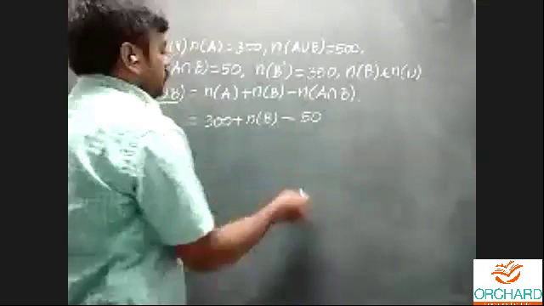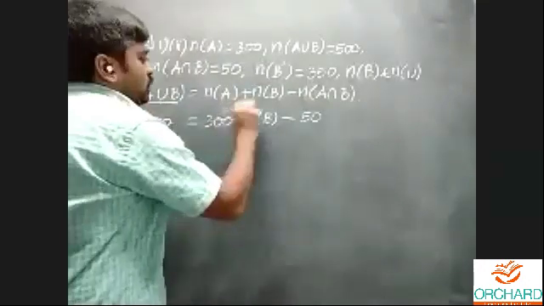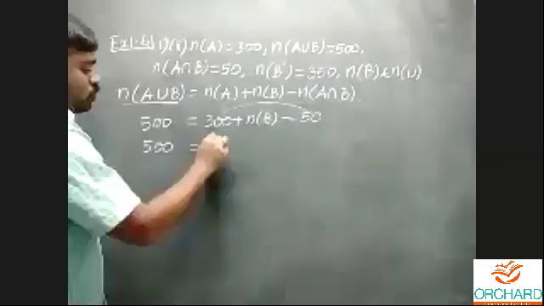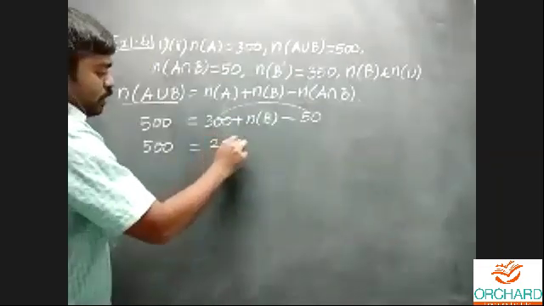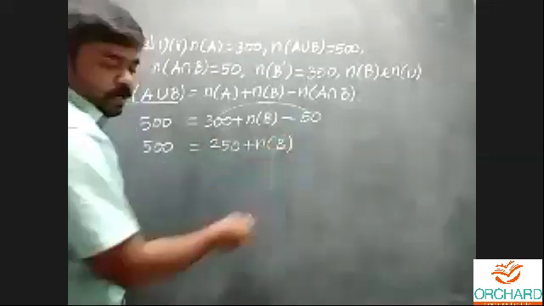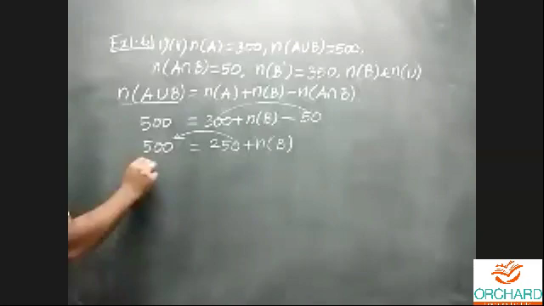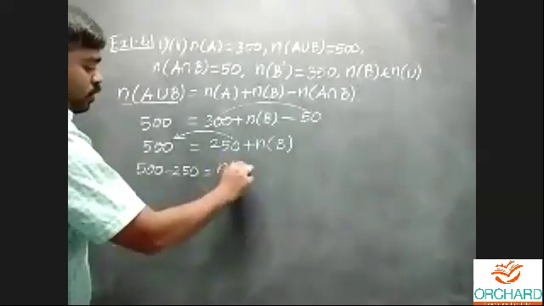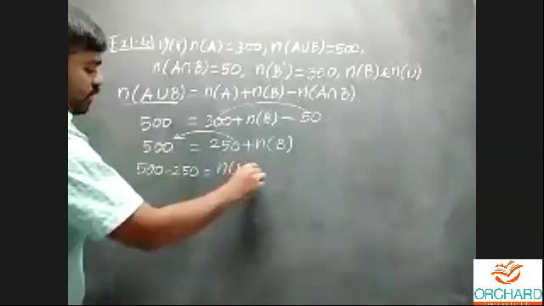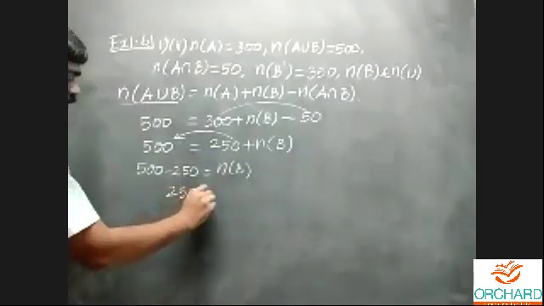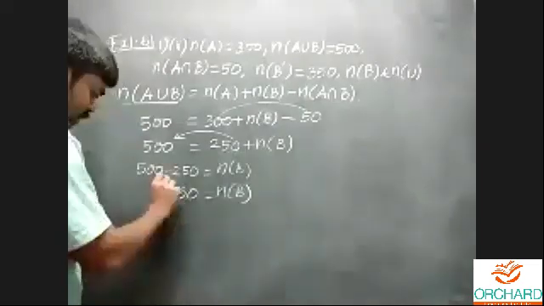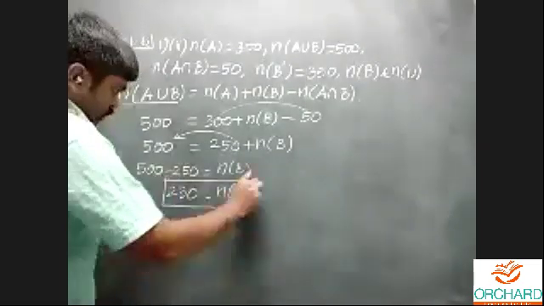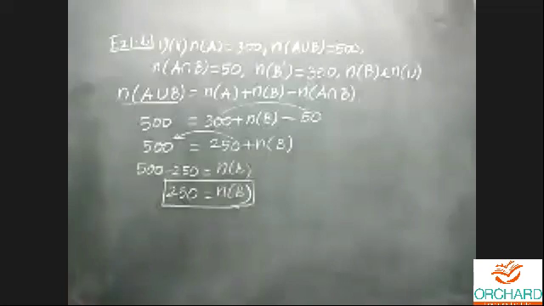We'll simplify first: 300 minus 50 is 250. 500 equals 250 plus N of B. I want to find the value of N of B. 500 minus 250 is equal to N of B. Then what is the value of N of B? 250. Therefore, the value of N of B is equal to 250.